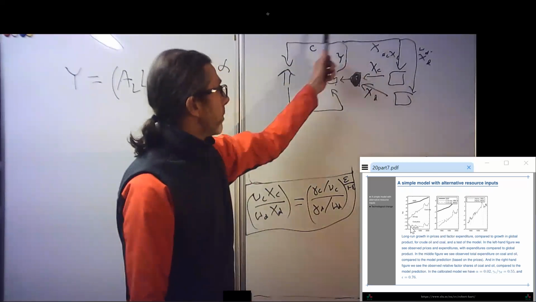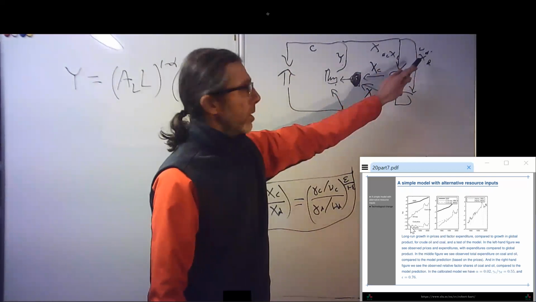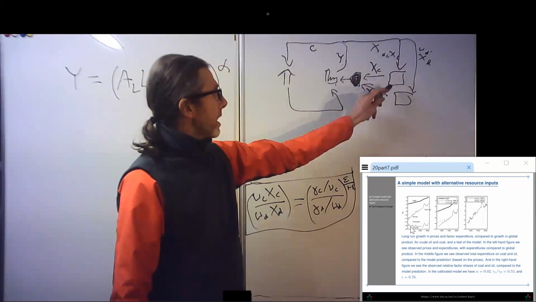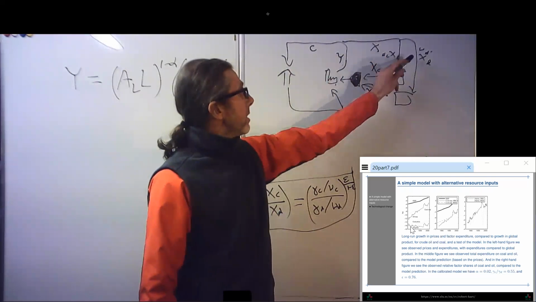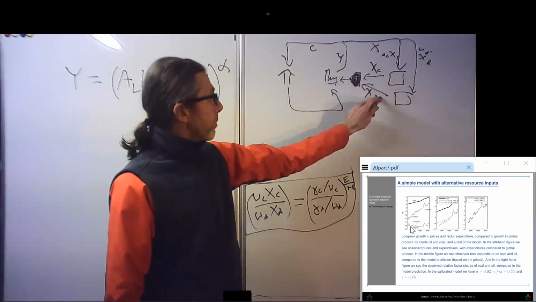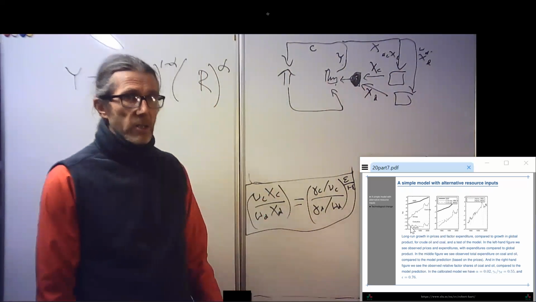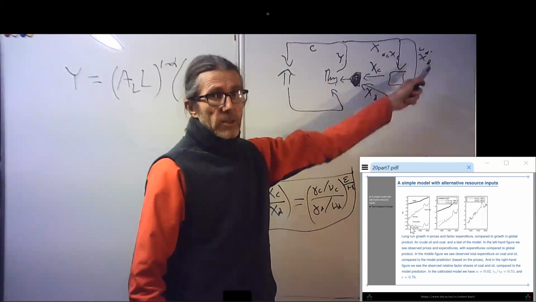So we set up this model and we said these WC and WD are basically about how tricky it is to get these inputs into the system. They are given, and XC and XD, the quantities of the inputs coming in, are endogenous variables, which are going to depend, among other things, on these prices.